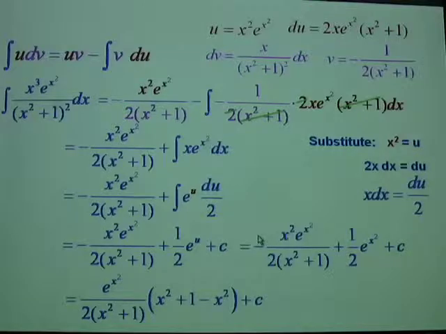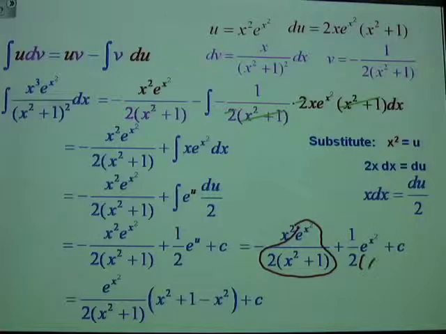Let me see if I can show that to you on the board. Well, we're going to take out this, and in the next one we don't have an x squared plus 1. So what I'm going to do is multiply x squared plus 1 on the numerator and also on the denominator.